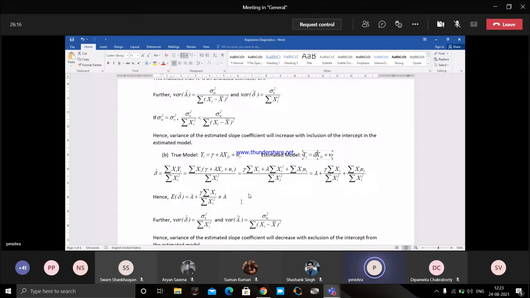Again, as far as the estimated variance is concerned, it's largely an empirical question. At this stage, we are not in a position to comment on this. Let us explore it empirically and we'll revisit this question. So, one point emerges from this discussion, that as we drop the intercept, we have certain complexities in estimating the model.